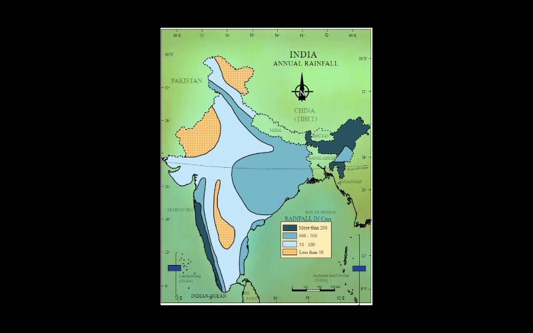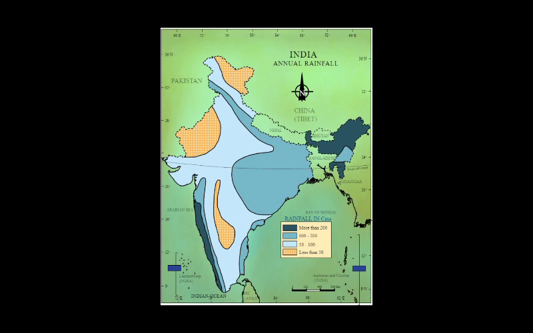So you can clearly see in the index that the dark shaded areas receive rainfall of more than 200 centimeters per year, right? So this area is called the heavy rainfall region. Then the second one is the region that receives rainfall between 100 and 200 centimeters. And the third region is the areas of low rainfall.